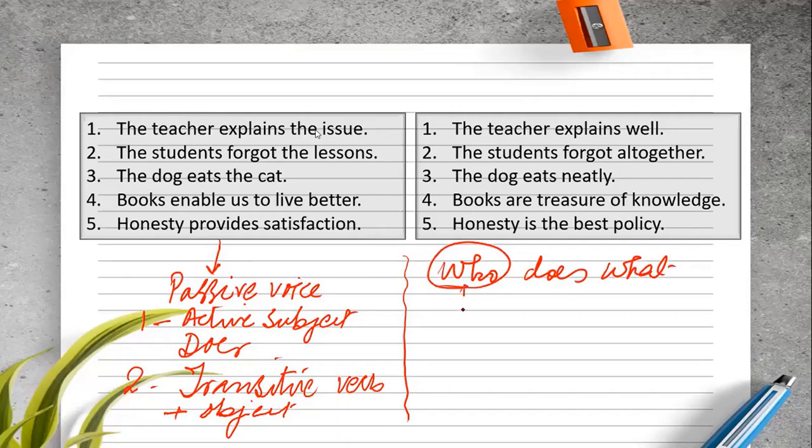Now, who does what is the notion of the passive voice. These are the things which are needed in a sentence to change it into passive voice. Like, who does what.